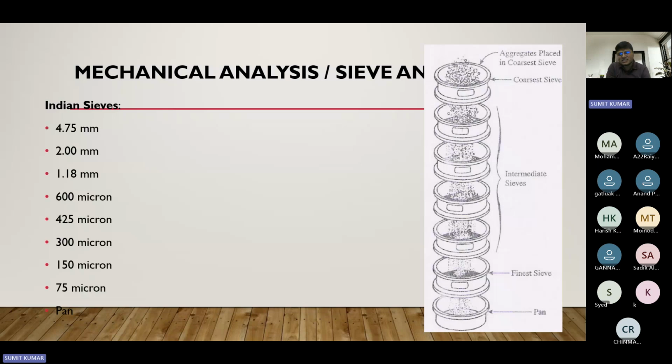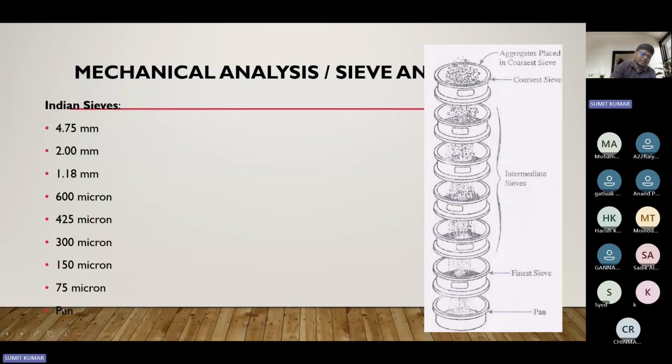So in Indian soil classification, the mechanical analysis takes place, the sieve analysis takes place, in which, as shown in the figure on the right hand side, we take the sample which needs to be sieved, and the soil particles are put in a pan as shown over here.